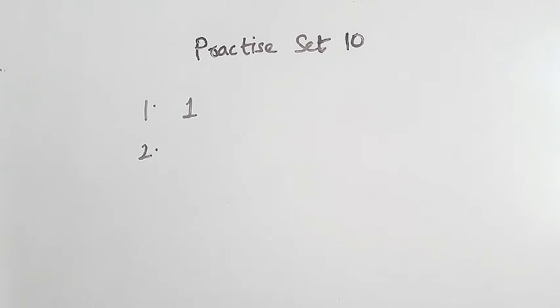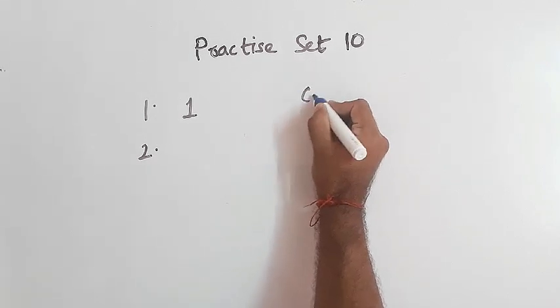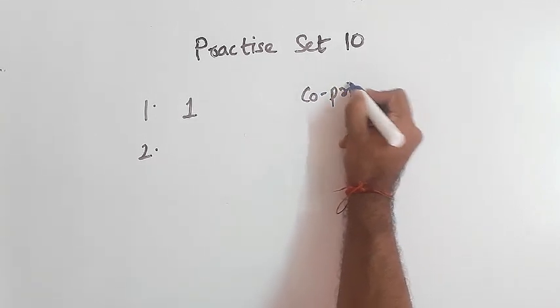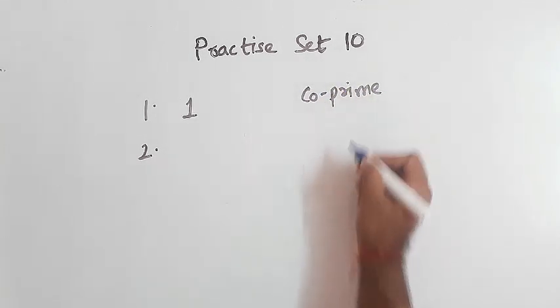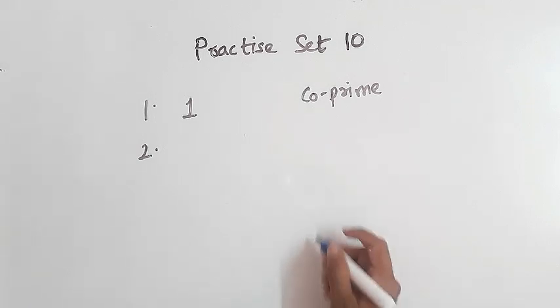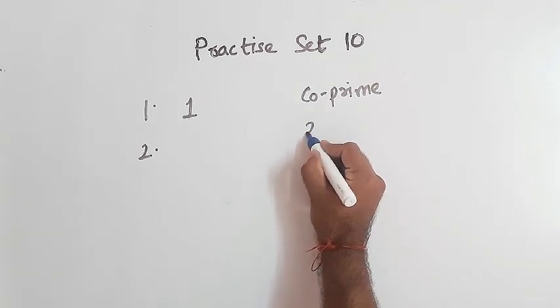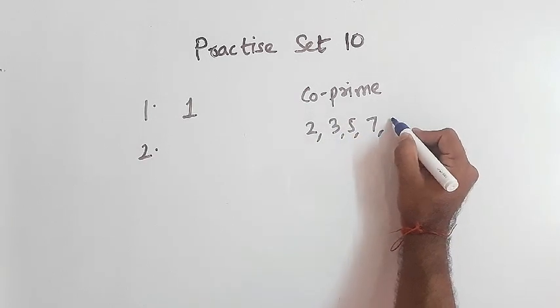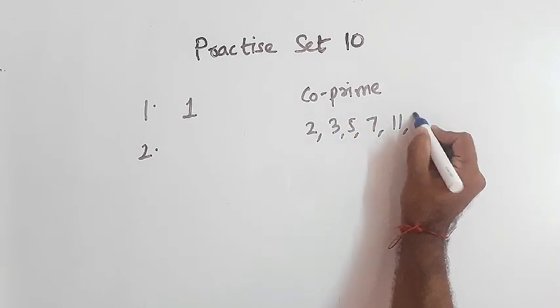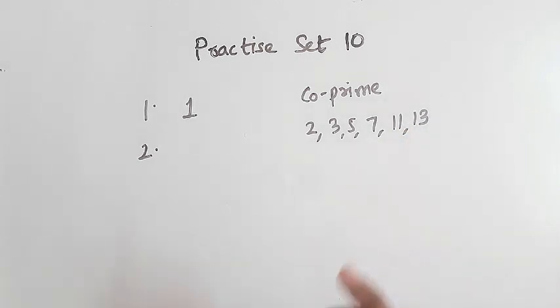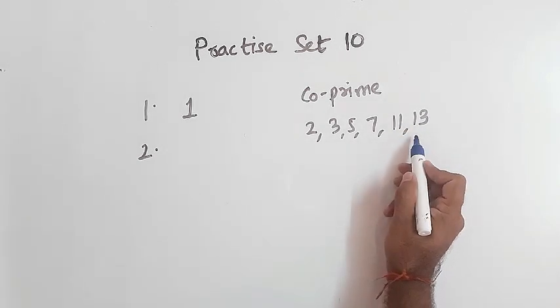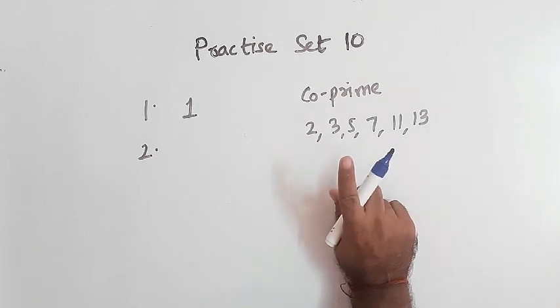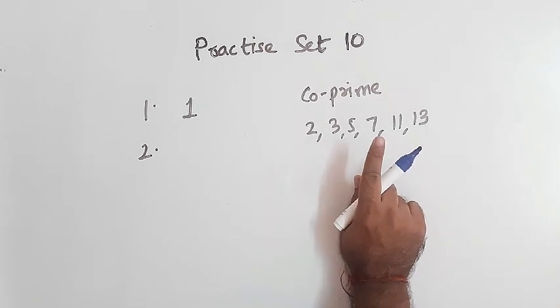Now, which of the following are pairs of co-prime? Understand, children, what co-prime numbers are. Prime numbers are 2, 3, 5, 7. I cannot write 9, 11, 13. There are pairs of prime numbers which have only one even number in between.